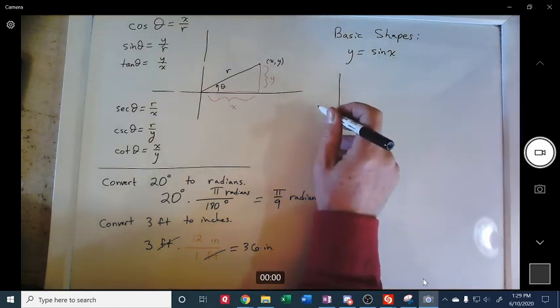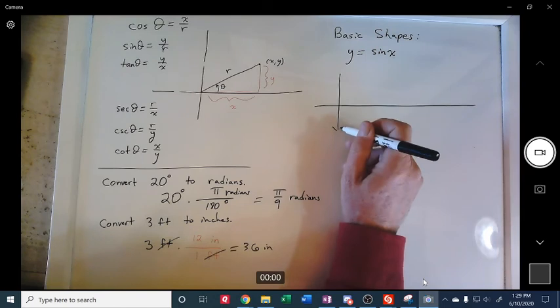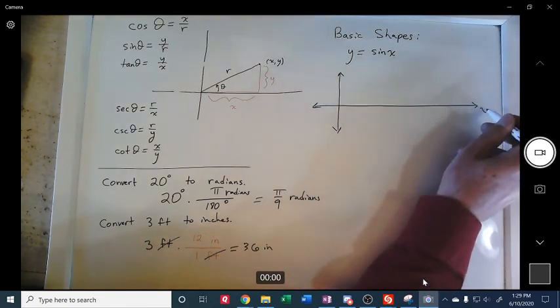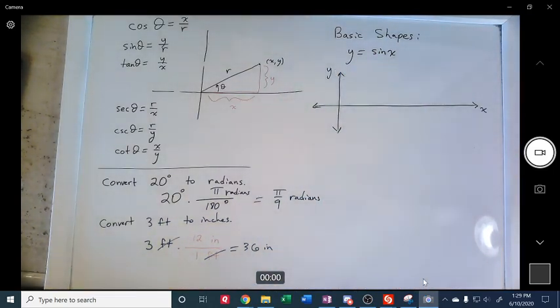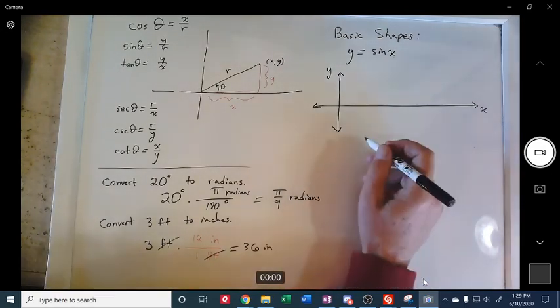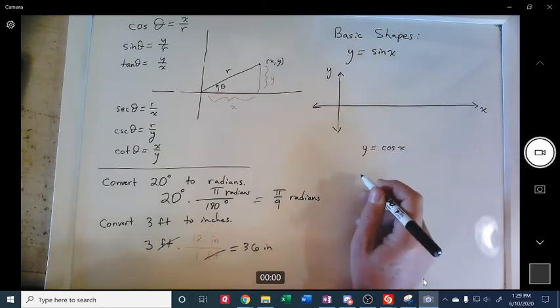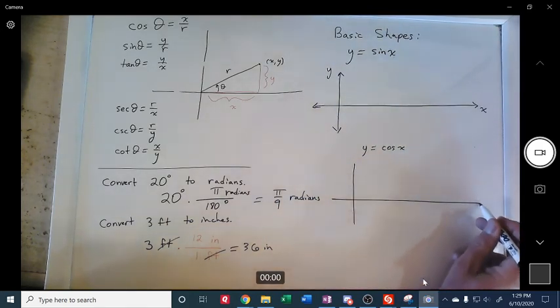Go ahead, give me a quick picture. Draw y equals sine of x. And then y equals cosine of x. Draw me a quick picture of that.